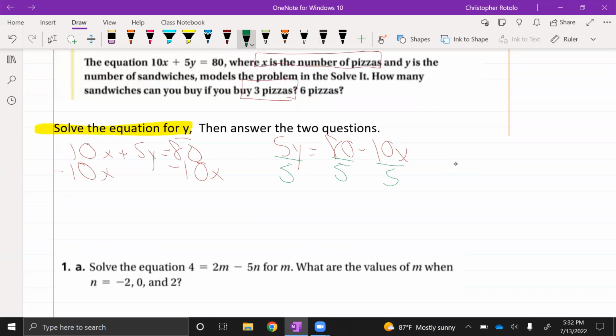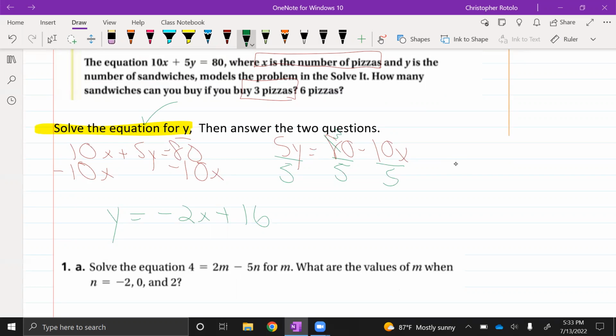I divide each and every term by 5. So here is my new equation. y equals negative 2x plus 8 into 5 goes 1 time, right? So that would give me a 3. So I get 16. There we go. So that is check mark number 1, negative 2x plus 16.